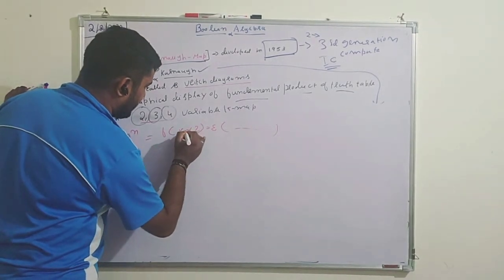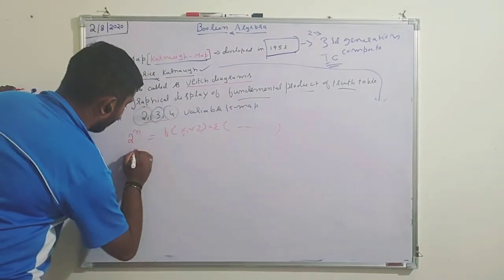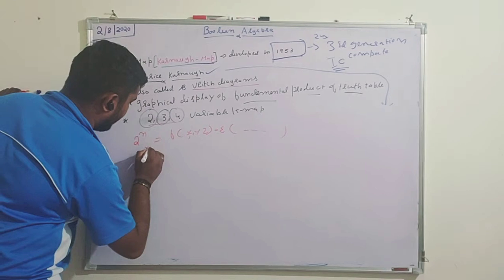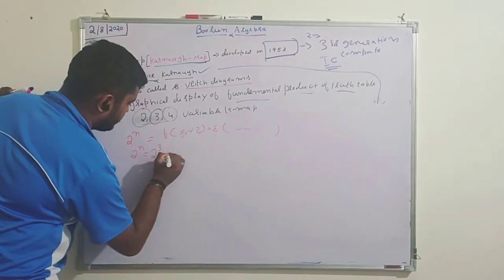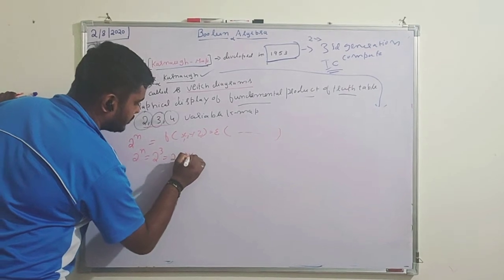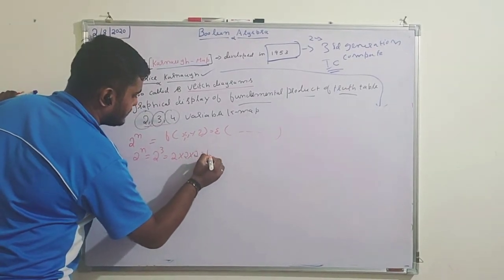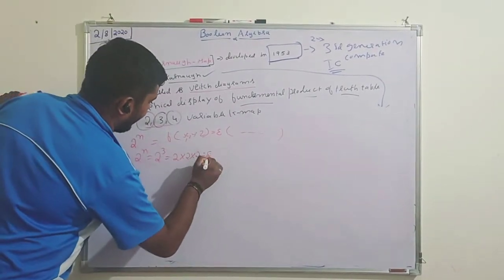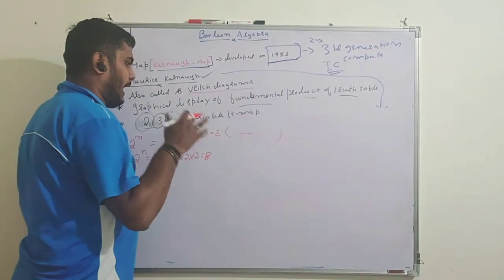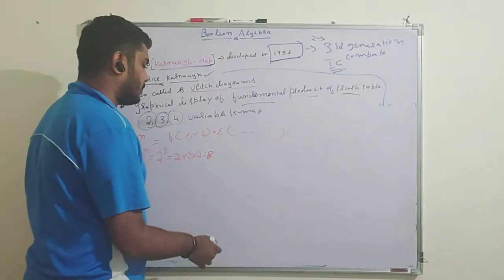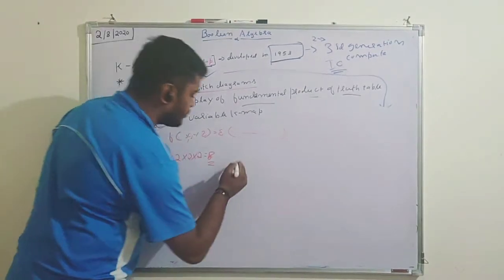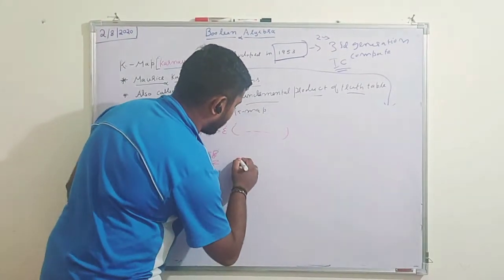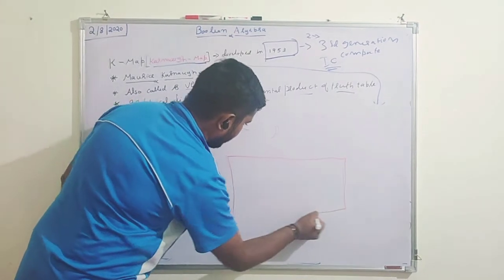Three variables means 2 to the power of 3, which is 2 into 2 into 2, which is 8. So one rectangle consists of 8 squares. So how do I draw now? I am going to draw the rectangle.